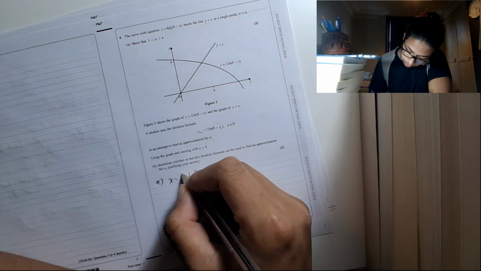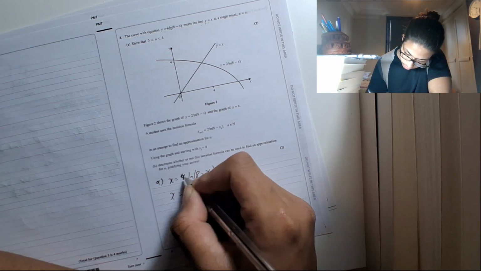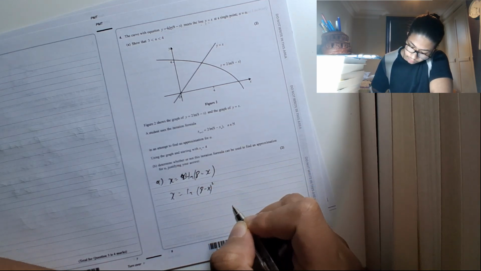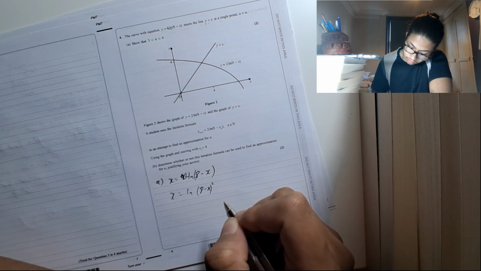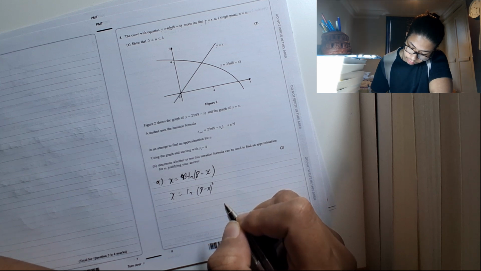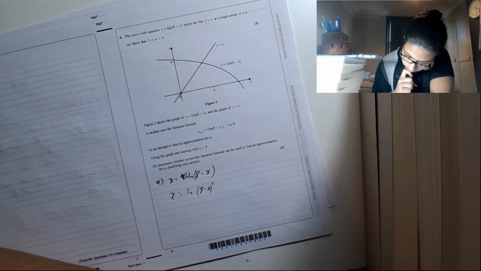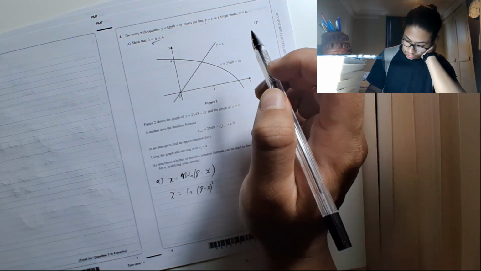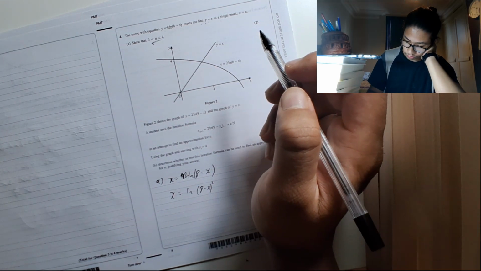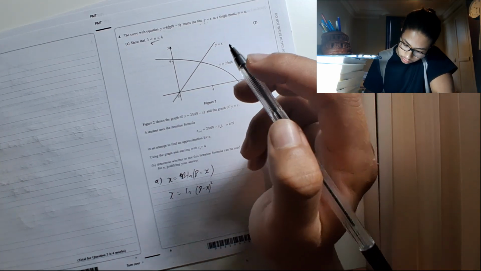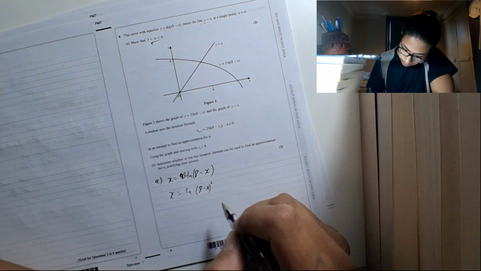Probably bring the ln(8 minus x) and put this all squared. Then maybe I would exponentiate. No, that's not how you solve for x. You don't need to show the exact value, just between 3 and 4. So maybe it would be something in terms of e, because you do have the ln.